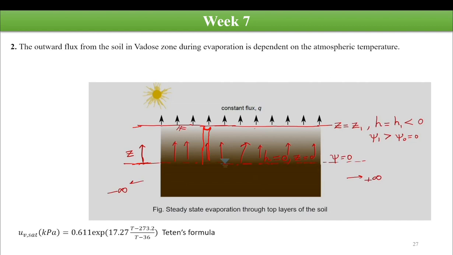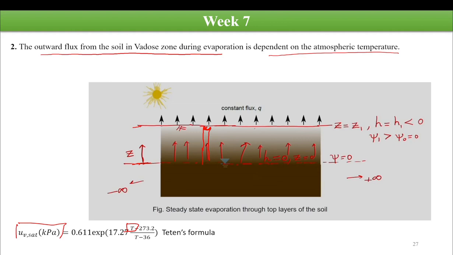If you remember the Tetens formula, you can see that the saturated pore water pressure depends on the temperature based on the Tetens formula, and in turn it determines the suction value at the top. So the outward flux from the soil in the vadose zone will also depend on the temperature of the atmosphere.